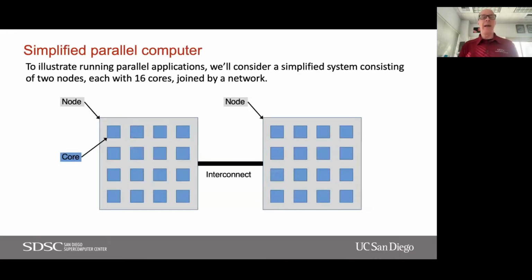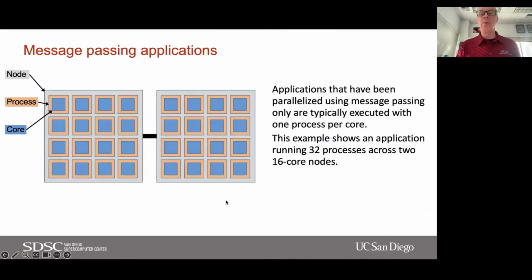So we're going to take a look at a very, very simplified version of a parallel computer. It just consists of two nodes, each of them with 16 compute cores. So the big gray box is going to be our node. Each of those little blue boxes will be a core, and we have an interconnect. If we're running a purely message passing application, it's typically going to be executed with one process per core.